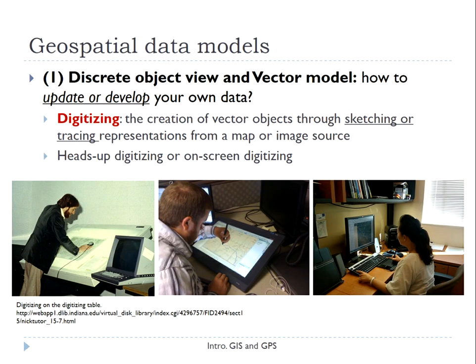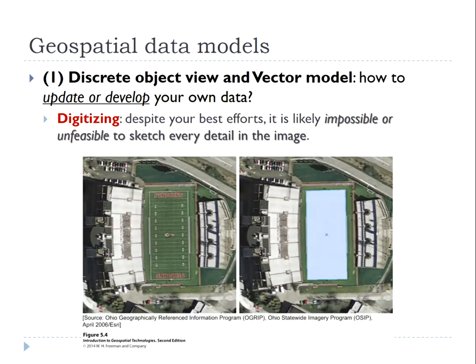This process is also frequently utilized to update or edit existing GIS files. Regardless of the number of hours and amount of effort you put into digitizing, it is likely impossible to sketch every single detail in the image, as labor-intensive as it already is.